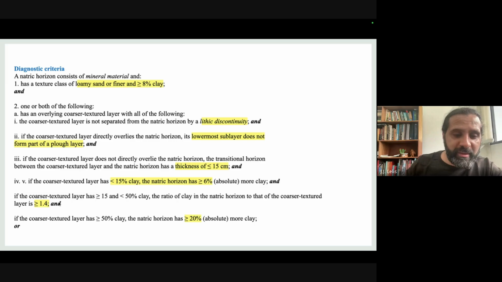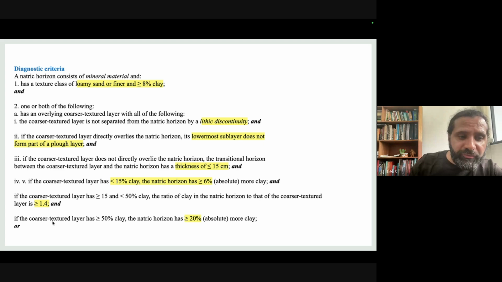So we have, let's say, more criteria here, considering that if I divide the clay content of the B horizon by that of the A horizon or the E horizon that overlies the B horizon, the ratio between them should be at least 1.4.